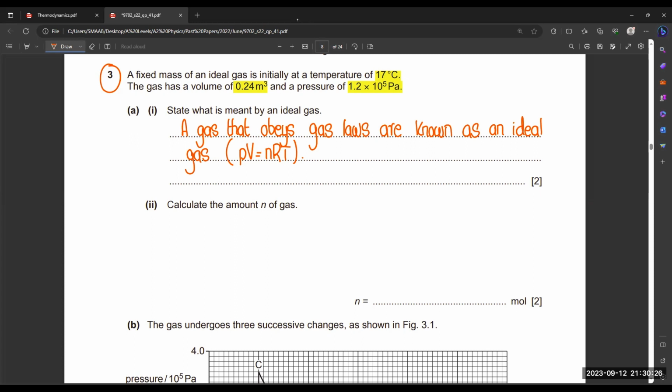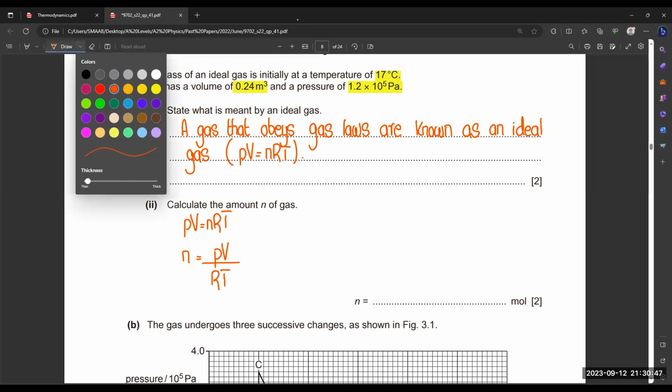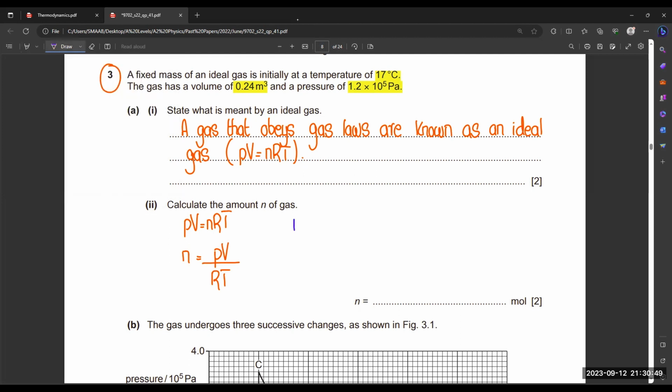So we use small n from the equation. n will be equal to, and we know all values are given. P, V, T is given in the question and R is a constant value that is given in your data table also. That is 8.31.